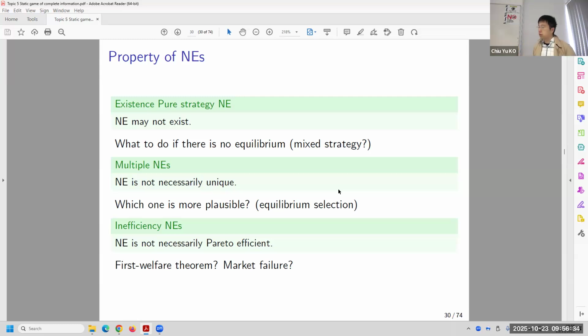So there's some way to do it because it's not efficient. Because if efficient, then there's nothing you can do further without harming one or the other, right? If not efficient, then it means that some bargaining can go on, or some design can go on. Okay, that is actually why economists are useful, right? Because it's not efficient, and economists can do something about it.